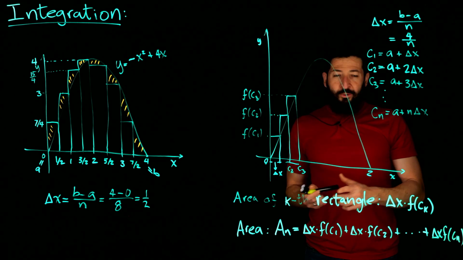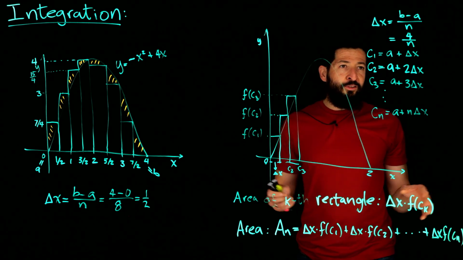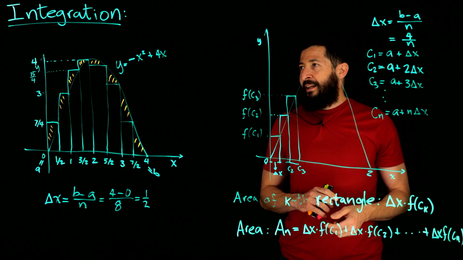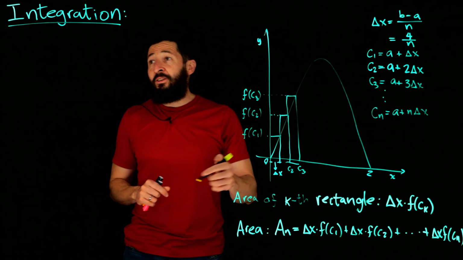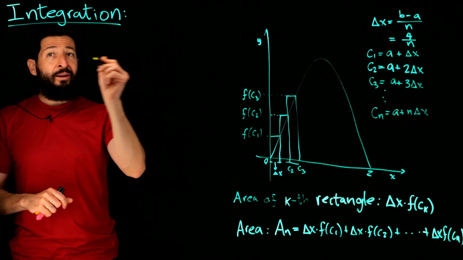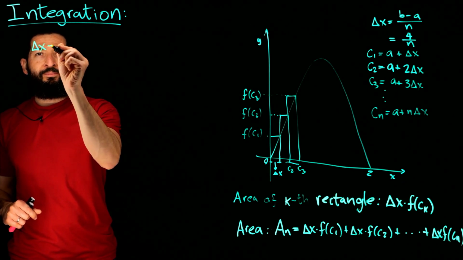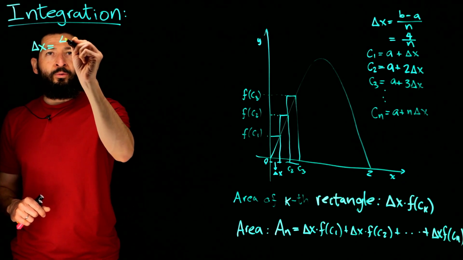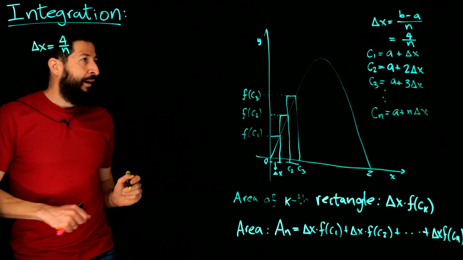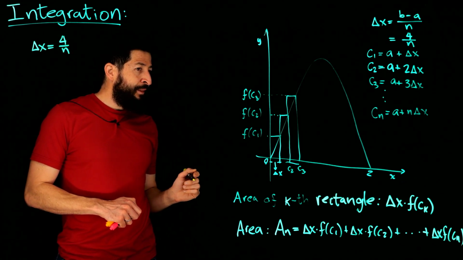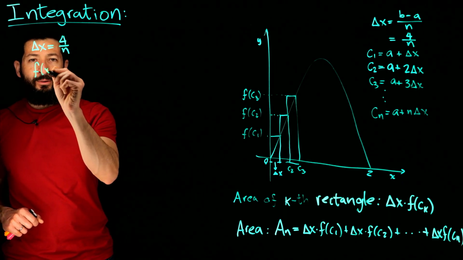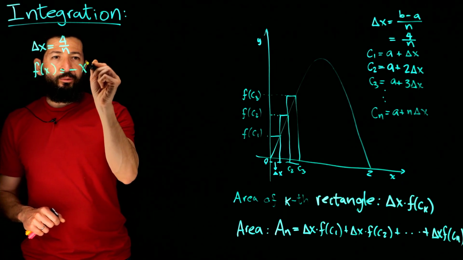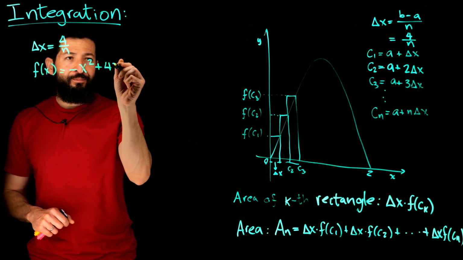So let's go ahead and do it for this function, so you just see how it works. And then we will learn how to deal with these sums in the next video. All right, so in our particular case, we already have delta x. Let me copy it. 4 over n. And then we have that the function, remember the function I gave you was negative x squared plus 4x.